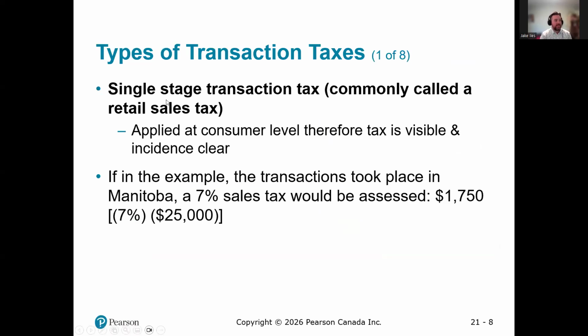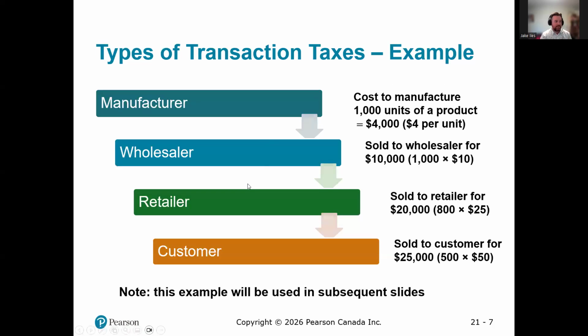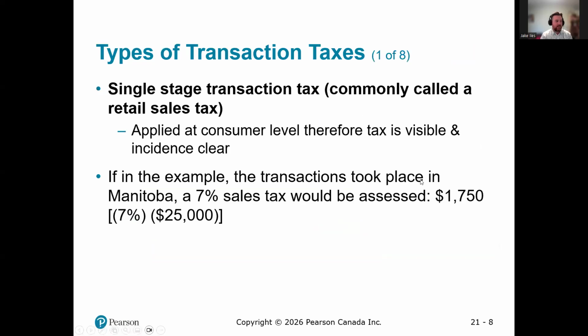The simplest form is single stage transaction tax. This is commonly called retail sales tax. This is applied at the customer level. So something can be made, go through all the steps, and then when it's sold to the final customer for $50, that customer pays the sales tax portion. If in the example the transaction took place in Manitoba, 7%, that's the provincial portion of the sales tax, would be assessed.